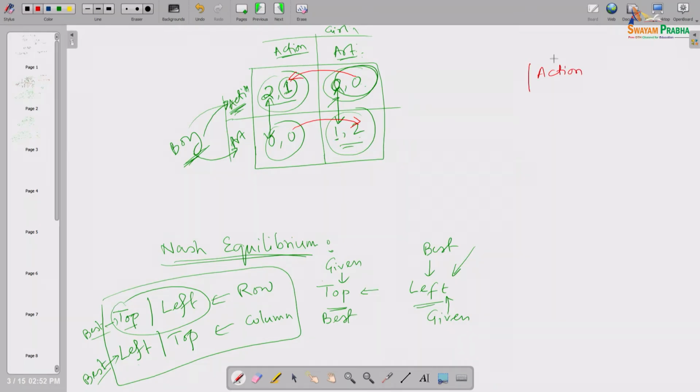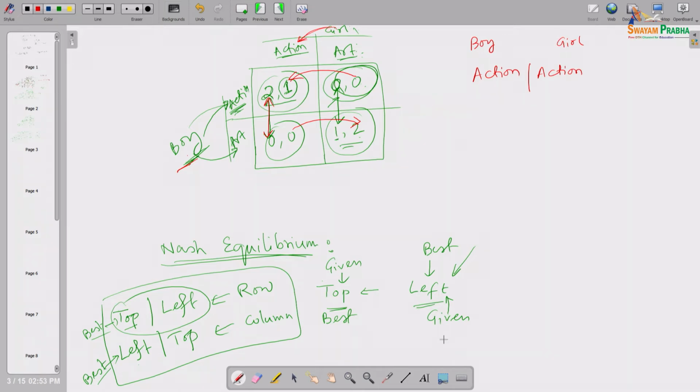In this case, suppose this is the girl: if the boy knows that the girl is going to go for the action movie, what is best for the boy? Definitely he will choose 2, comparing effectively 2 and 0, so the boy will choose action.